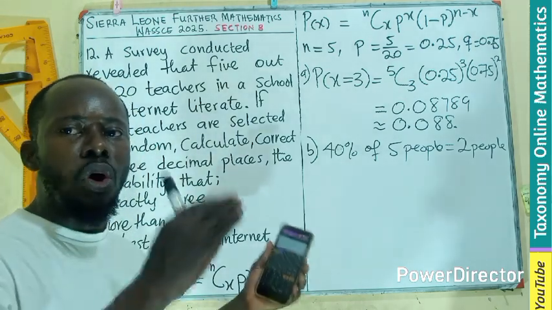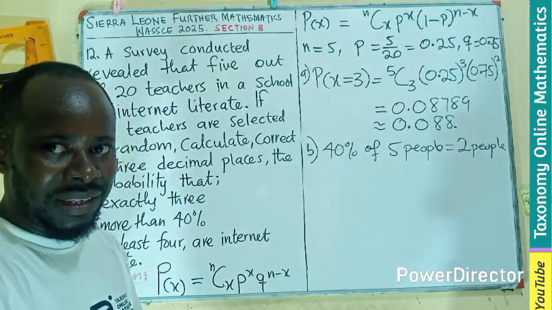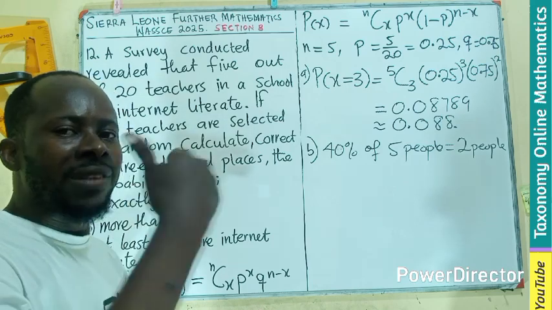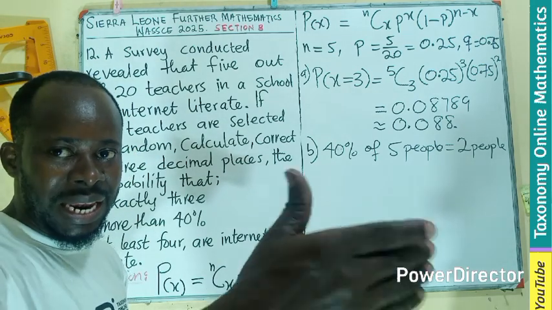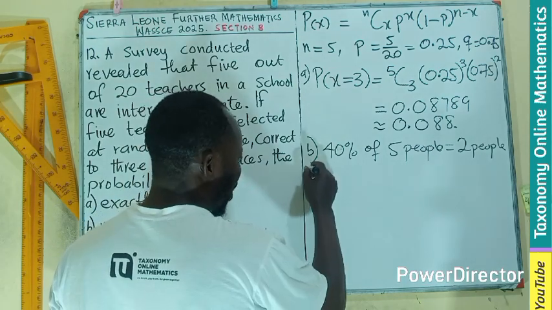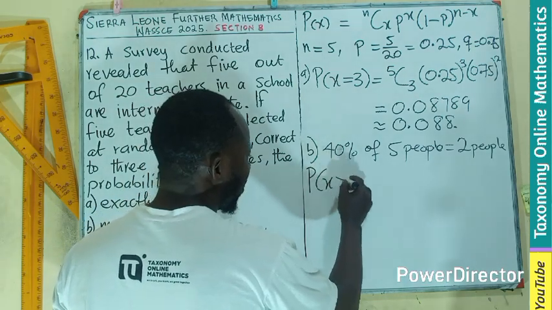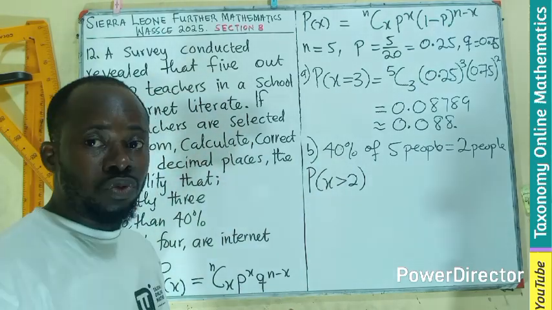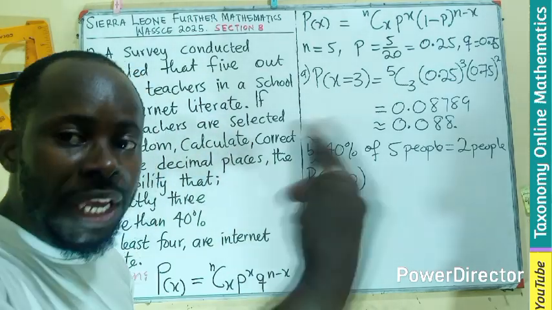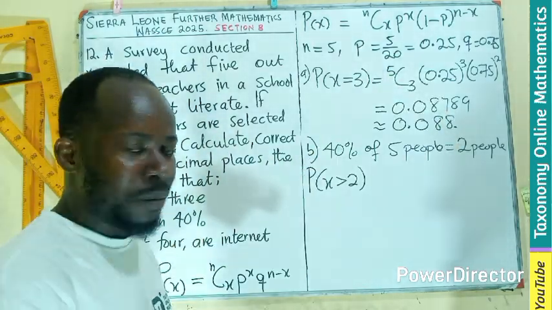But we are looking for more than 40%. That means we need a selection of exactly 3, 4, 5. So the probability of x greater than 2, or x greater than or equal to 3, because we are moving away from 2.